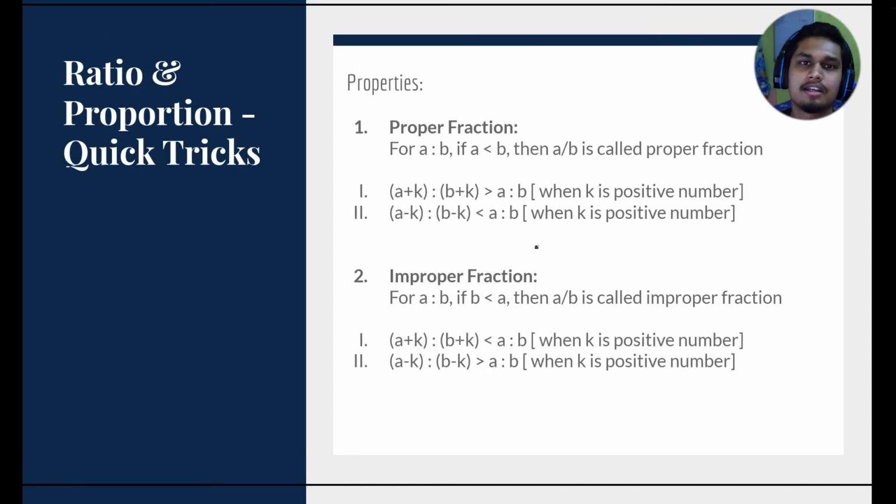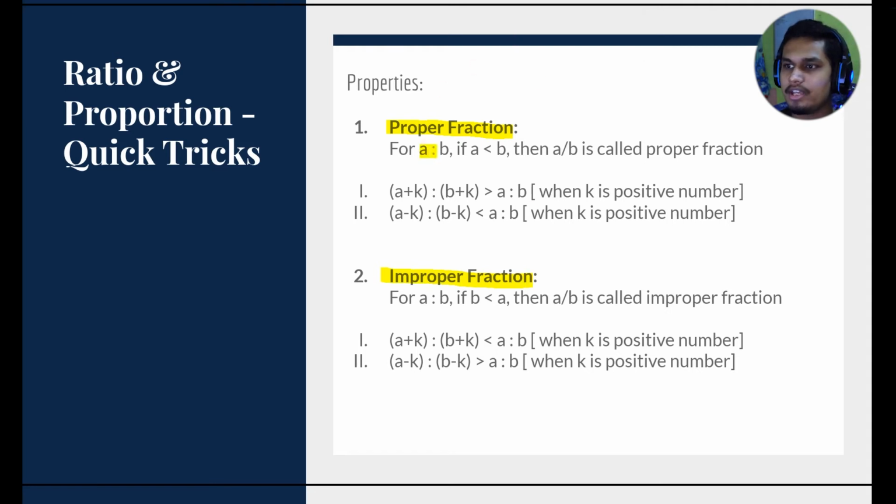Let's see a property of ratios. This is a property of fraction actually, but it will help you in solving so many questions using this property. So we have to learn what is proper fraction and what is improper fraction.